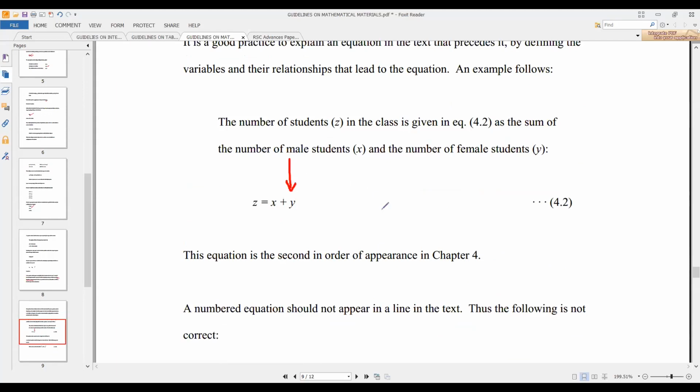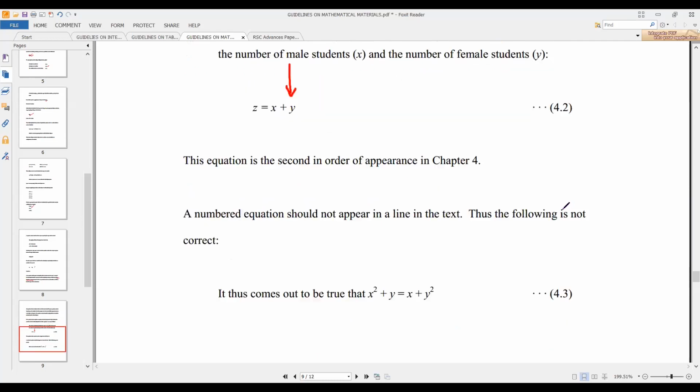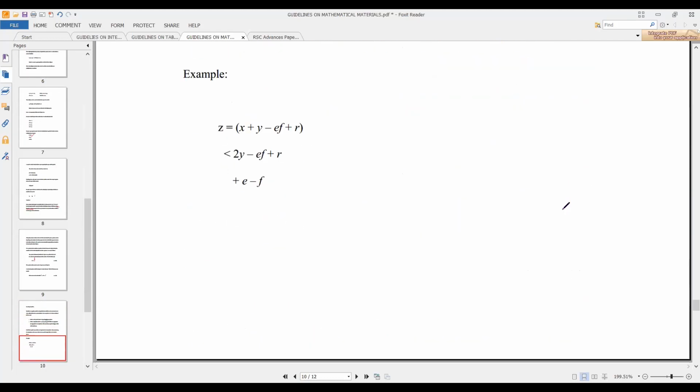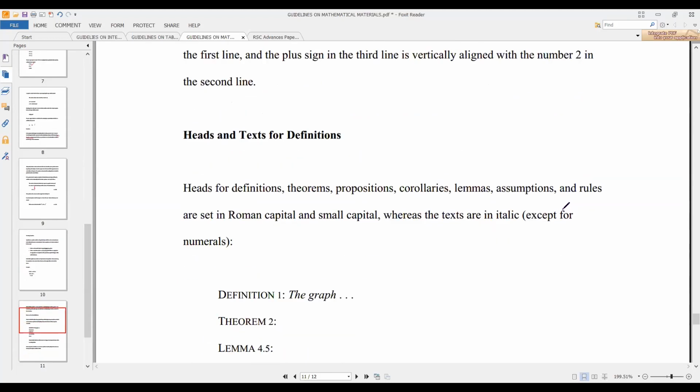Not this much will be required, right? So z is equal to x plus y, then equation number in parenthesis. I won't go into this.